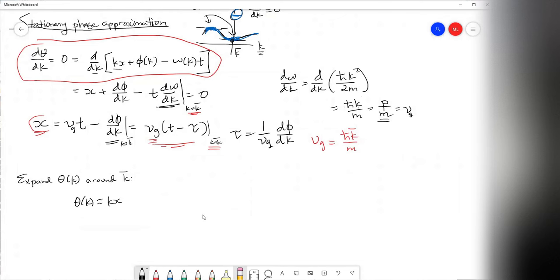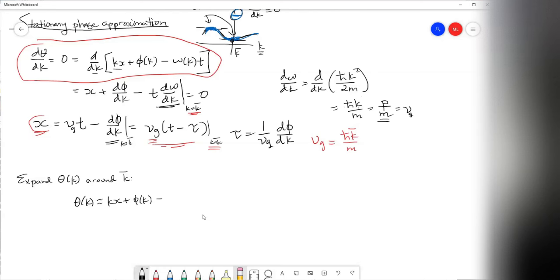That's a linear term. We can leave that. We can also leave the phase, because that'll come out. And then we expand the omega piece.